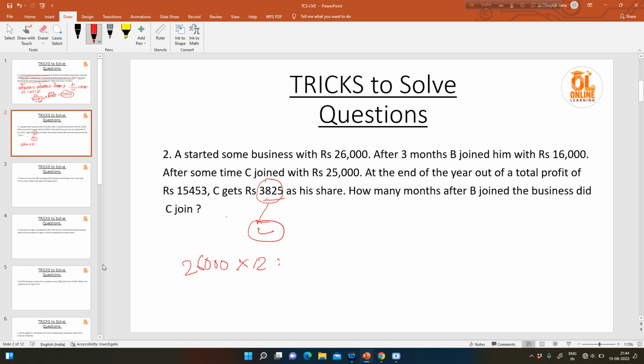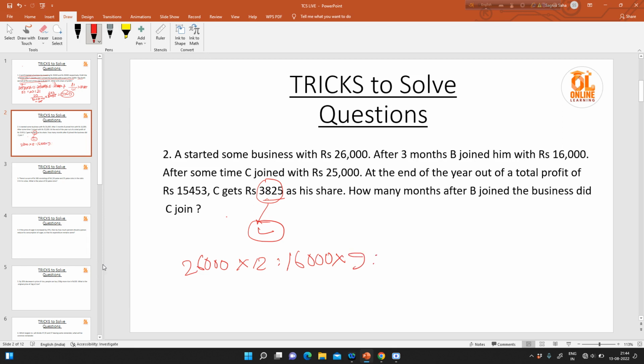B has not left, but he has joined after 3 months, so it should be counted from 9 months, right? So B has invested the money for a total of 9 months. That would be 16,000 into 9.